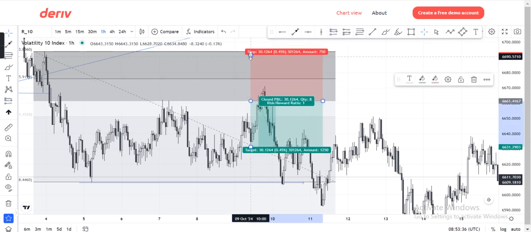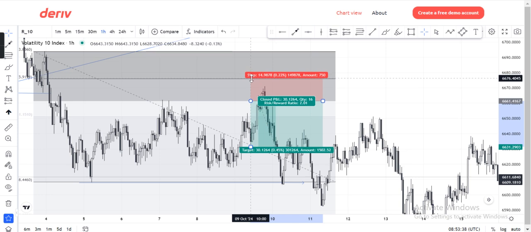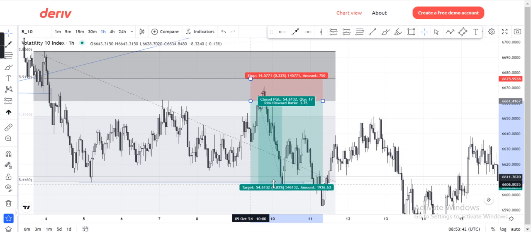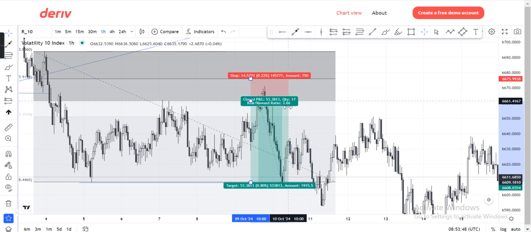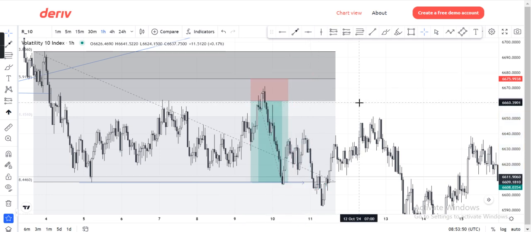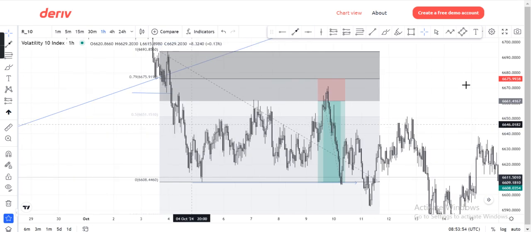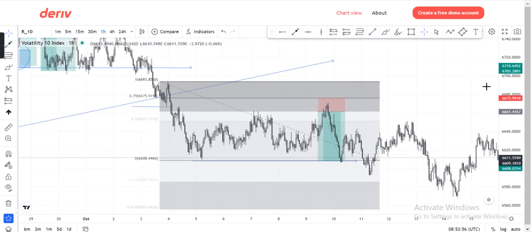On the 0.618 level, market gave us our stop loss here for the first entry and our take profit at this point. So this was actually our trade for this break of trend line area.